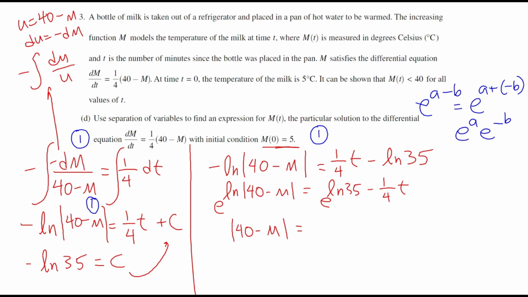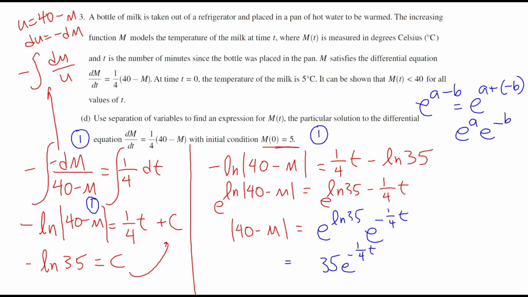And so this can be written as e to the ln 35 times e to the negative 1/4 t. And we know that e to the ln of 35 is just 35. And so we have 35e to the negative 1/4 t.